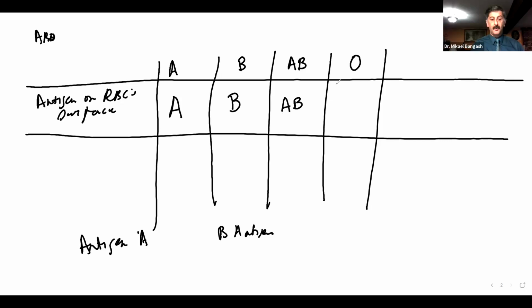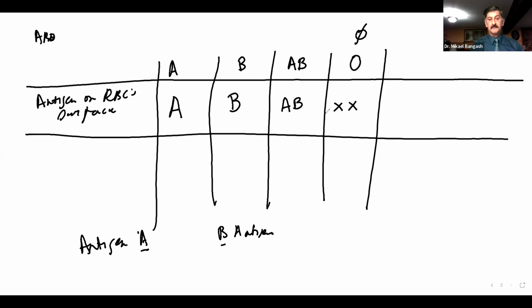Last but not the least, somebody who is blood group O. Now you may be scratching your heads and saying, well, we don't have an O antigen. Here, this O actually is what I meant: zero. So a person who has neither the A nor the B antigen on the surface of the RBC is going to be blood group O. Clear?